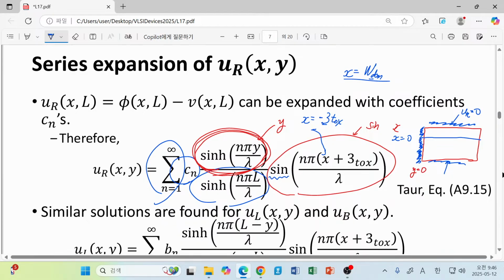And when we insert x equal to maximum depletion width instead of this one, then on top of it we have maximum depletion width plus 3 times Tox, that is normalized by lambda. Then what is the definition of lambda? Actually, the lambda is defined as WDM plus 3 times Tox.